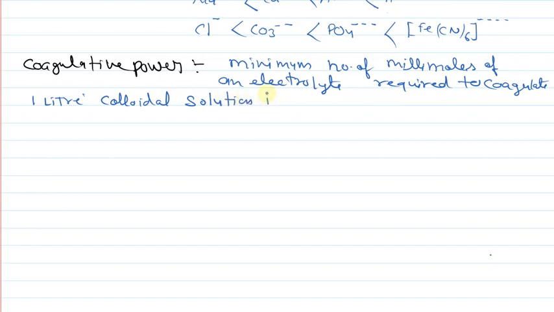In some books, in 2 hours is also written, meaning the minimum number of millimoles of an electrolyte required to coagulate 1 liter of colloidal solution in 2 hours.